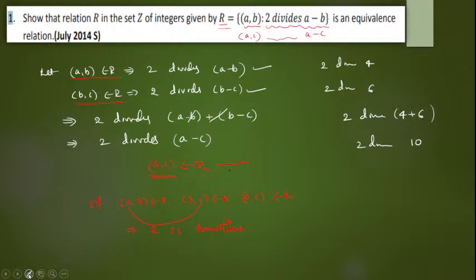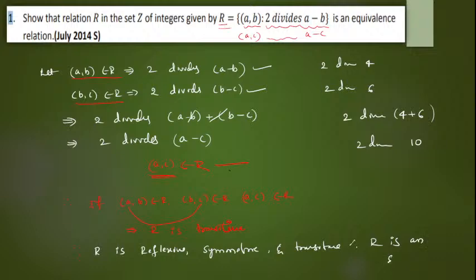Therefore you can write the conclusion that your relation R is reflexive, symmetric and transitive. Therefore, R is an equivalence relation.